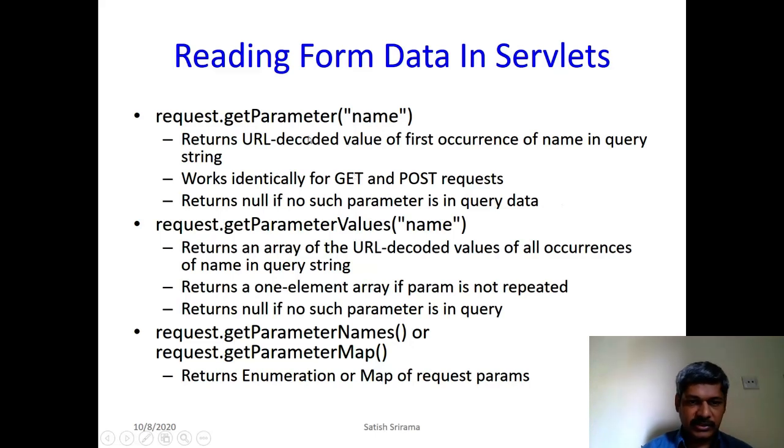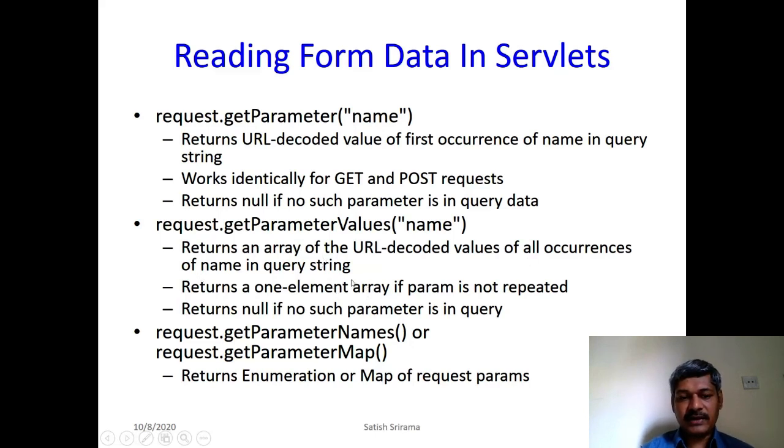So remember that one. This is how request.getParameter works. And then, if you have multiple values, you can use request.getParameterValues of the name. For example, in the earlier example, OS has Windows and Linux. This returns an array of URL decoded values. It returns an array of all occurrences of the name in the query string.